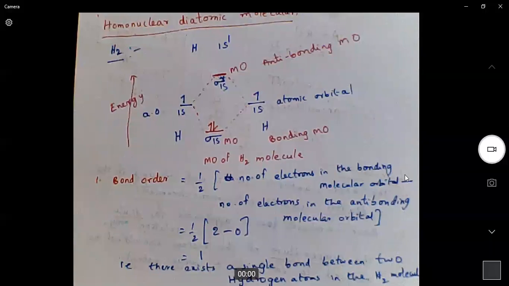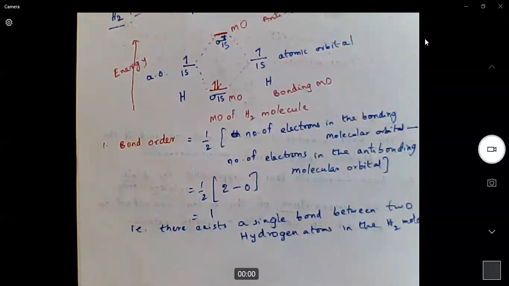So bond order directly gives the number of bonds that exist in the given molecule.